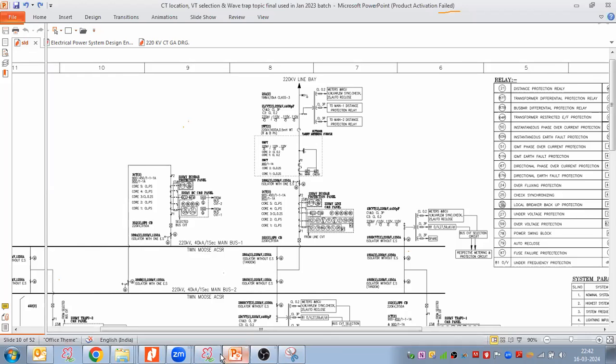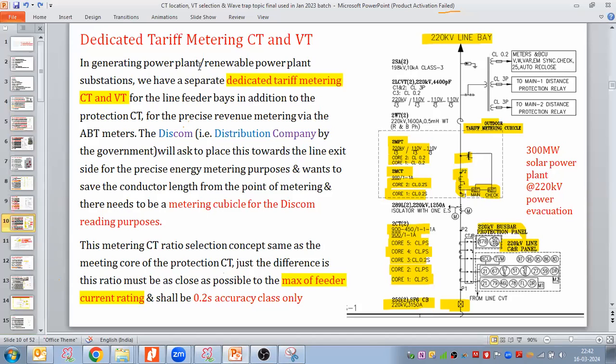So the point is that in a generation power plant, most of the generation now is renewable based. So in a renewable power plant substation, we have a separate dedicated tariff metering CT and VT that you can see here.